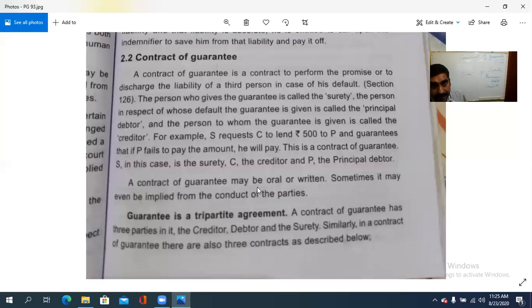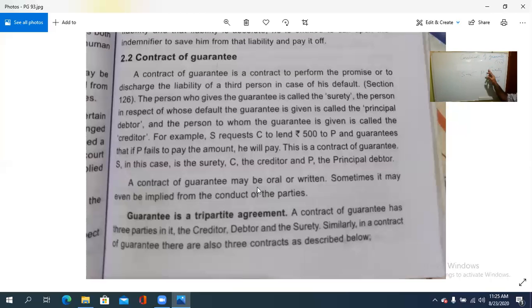The person who gives the guarantee is called the surety, the person in respect of whose default the guarantee is given is called the principal debtor, and the person to whom the guarantee is given is called the creditor. So three parties. For indemnity, there are two parties, the indemnifier and the indemnity holder or indemnified.